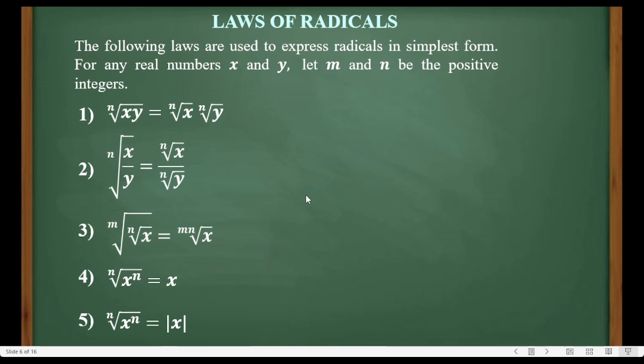For our next slide presentation, in order for us to simplify related radical expressions, we must consider the following laws of radicals. So from this presentation, we have 5 different laws of radicals.